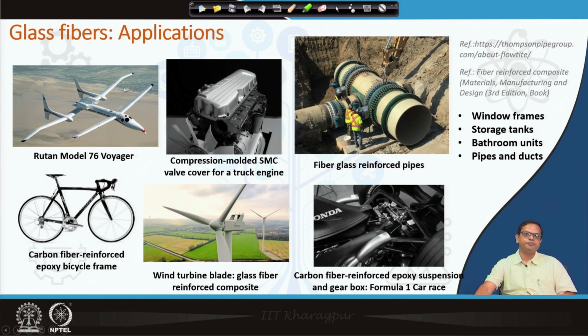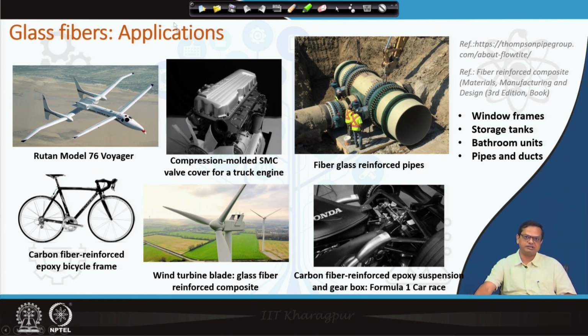Yes, you can see this fuselage material is reinforced with glass. These are basically made of polymers. So, the most common use of glass fiber is to make GRP. What is GRP? GRP is glass reinforced polymers or glass reinforced plastics.